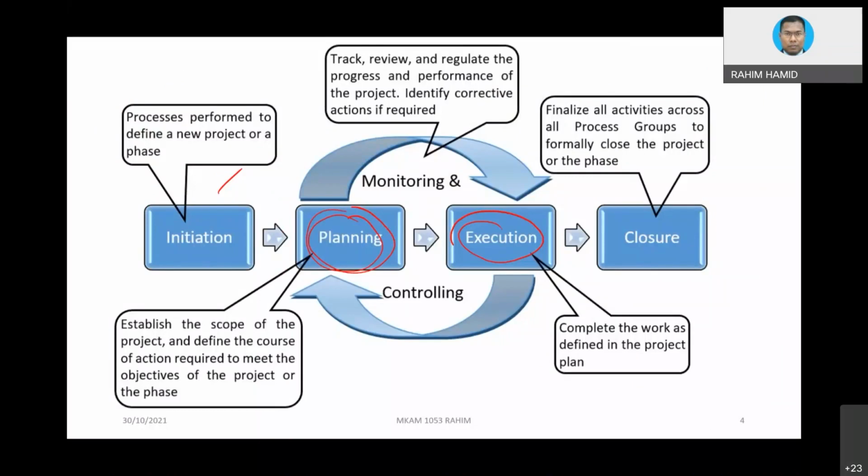Then you execute. During execution, you conduct monitoring. Monitoring is like checking to see to what extent the things that you planned are running according to your KPI or target. So monitoring is a process of getting all the information. Once you get the information, only then can you take action. You take action while you still have time.